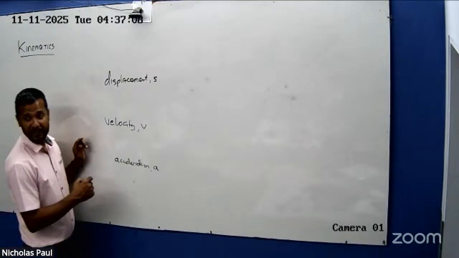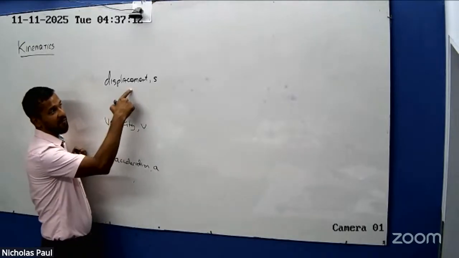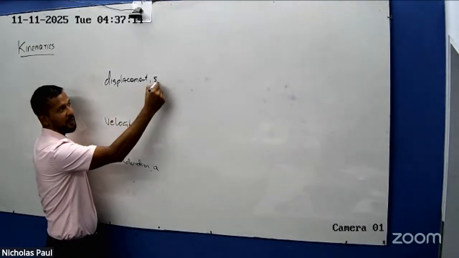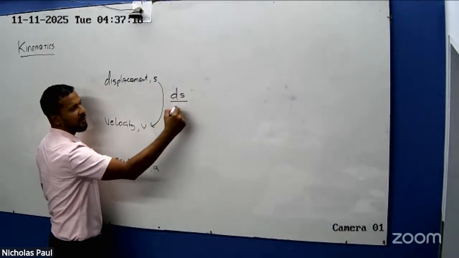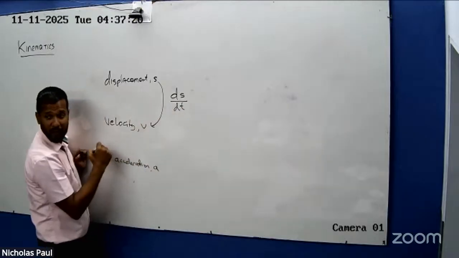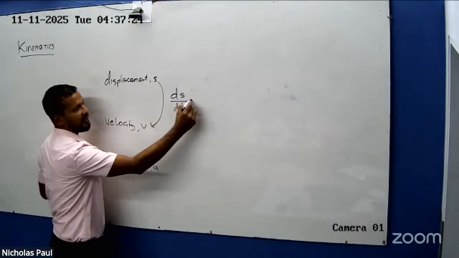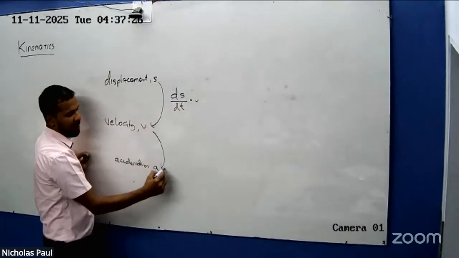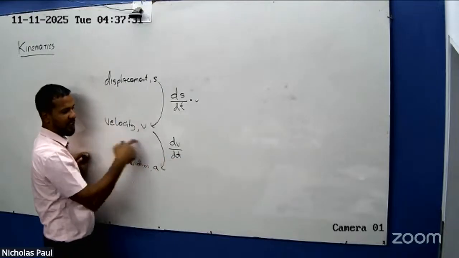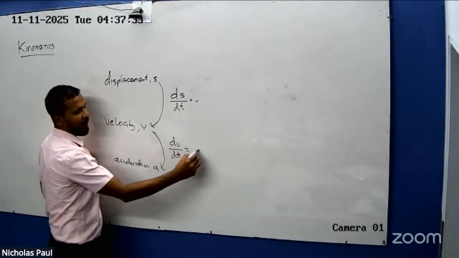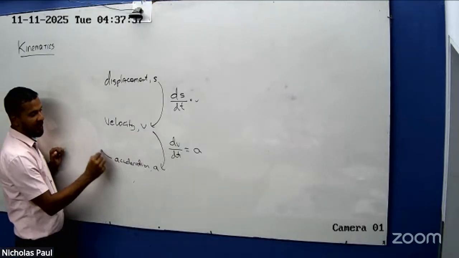So watch this. If I ask you to find velocity and I give you an equation that represents displacement, all you have to do is differentiate displacement with respect to time. That's your velocity. And then if you differentiate your velocity, you will end up with acceleration. What about if you go this way?